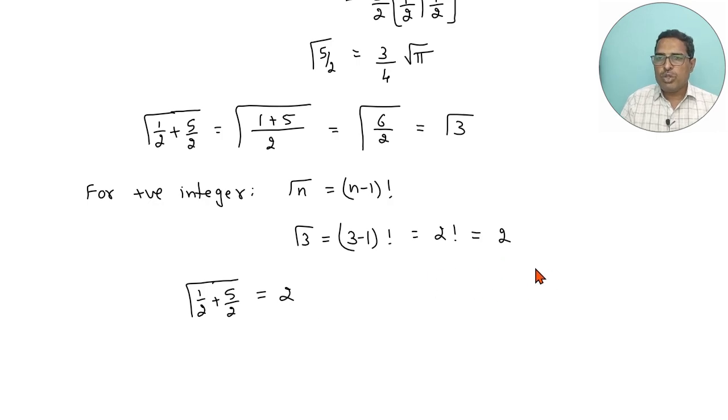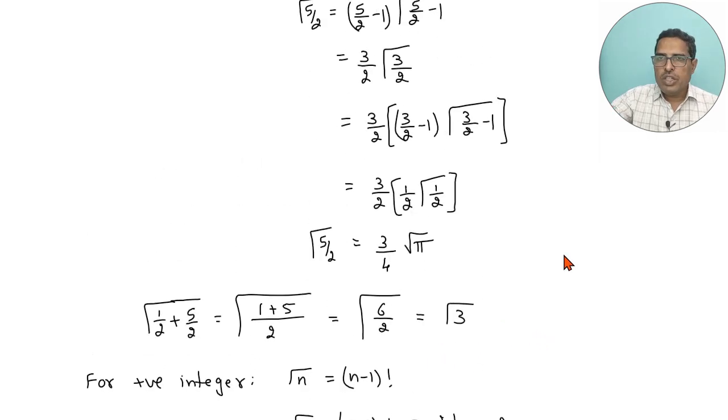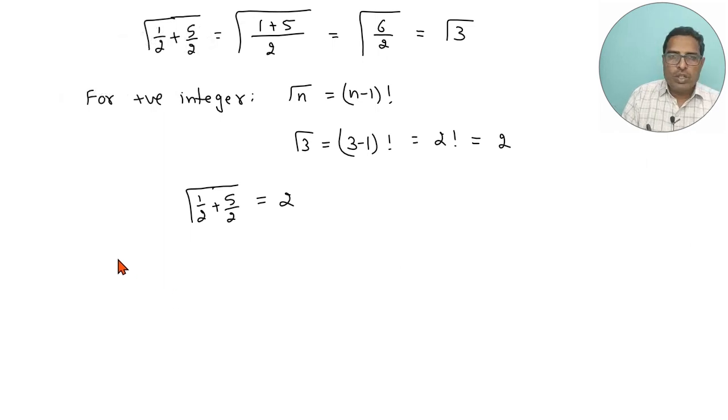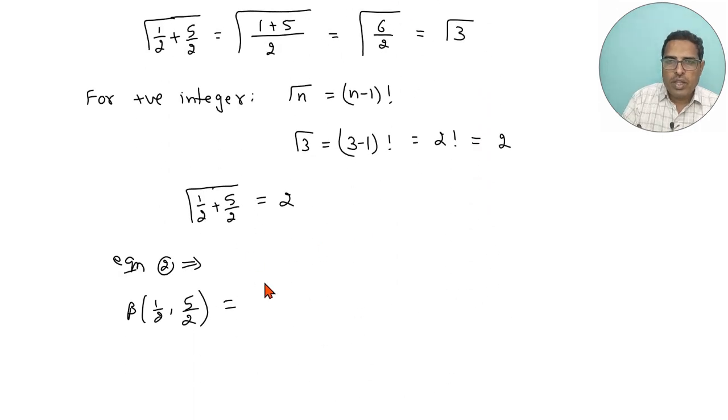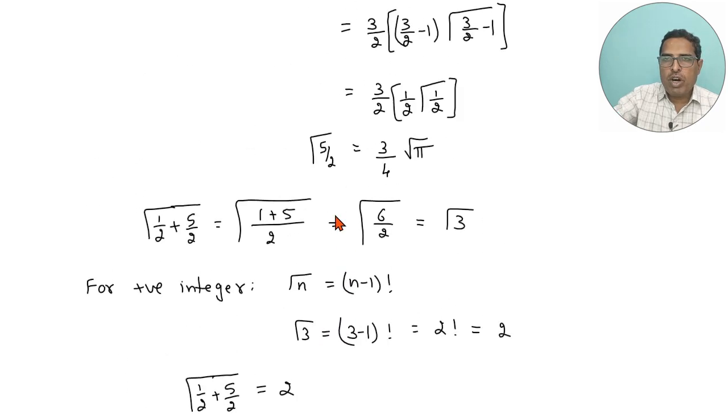So let us substitute all these values back in equation number 2. Equation number 2 implies beta of half comma 5 by 2 will be equal to gamma of half, that is root of pi, into gamma of 5 by 2. We have calculated the value of gamma of 5 by 2 to be 3 by 4 root pi.